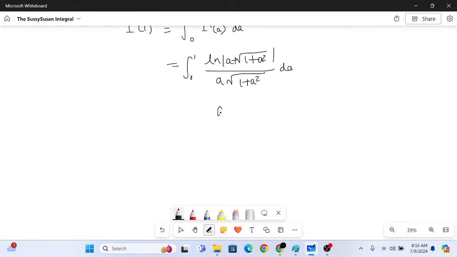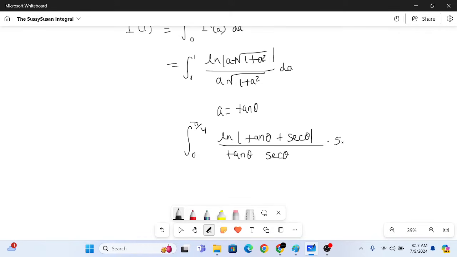If we substitute a as tan theta, we get the following expression. This goes from 0 to, now tan inverse of 1 will just be pi by 4 over here, and ln of this is tan theta plus sec theta, by tan theta sec theta. Yes, and dA will be sec square theta d theta. Looks good.